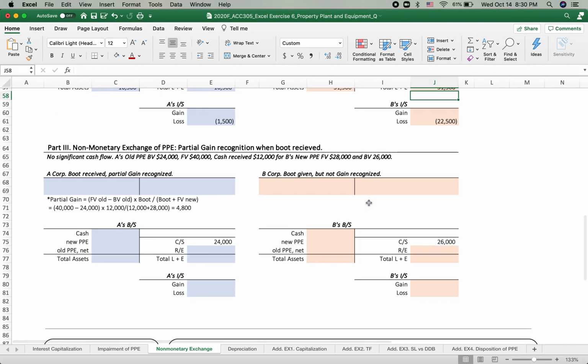Now finally, part 3. Non-monetary exchange of PPE, partial gain recognition when a boot is received.